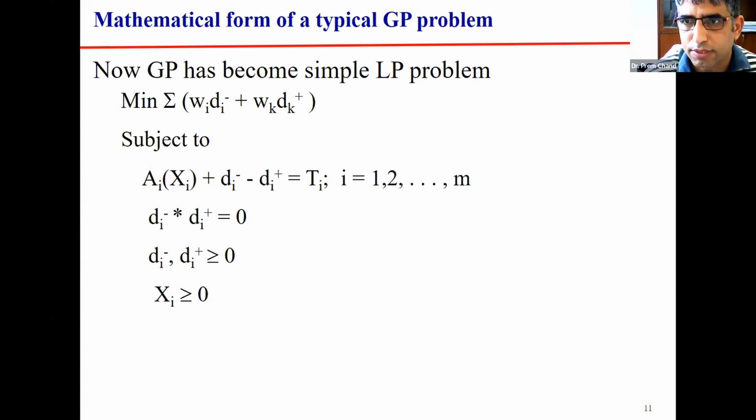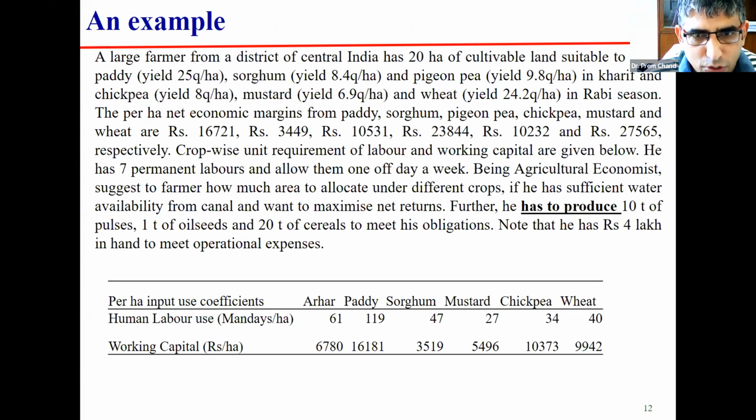We cannot accept negative allocation. I request you to take a screenshot of it, and if you can take a printout, it will be better. We will formulate a problem.